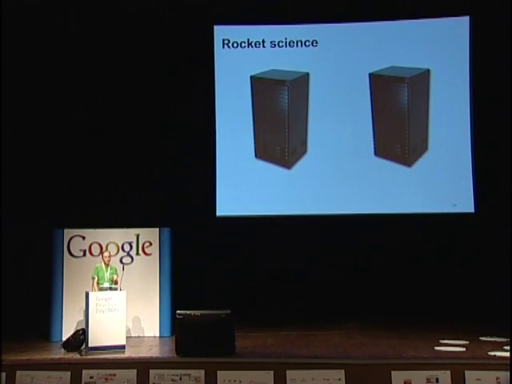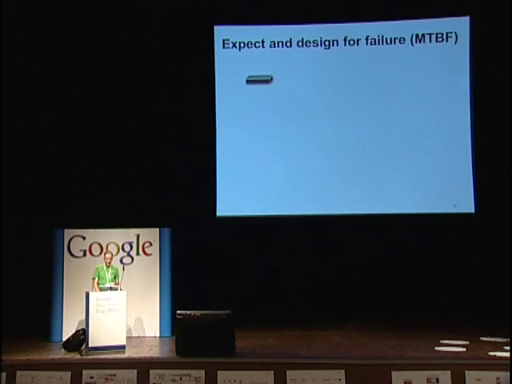Now, we look at failure in a different way. We host a lot of servers at scale. We have data centers full of machines. And when we look at a single server, usually it's a few years between random failures.